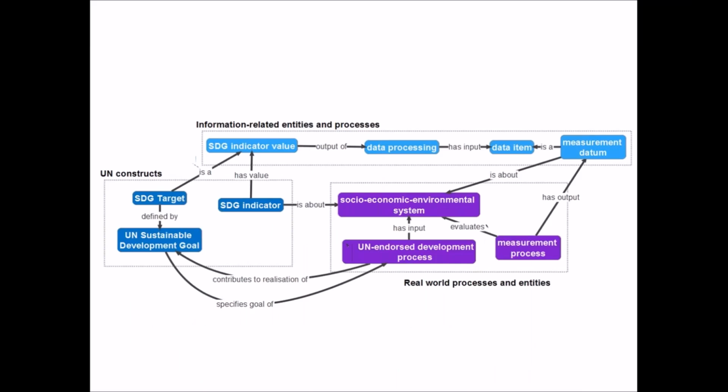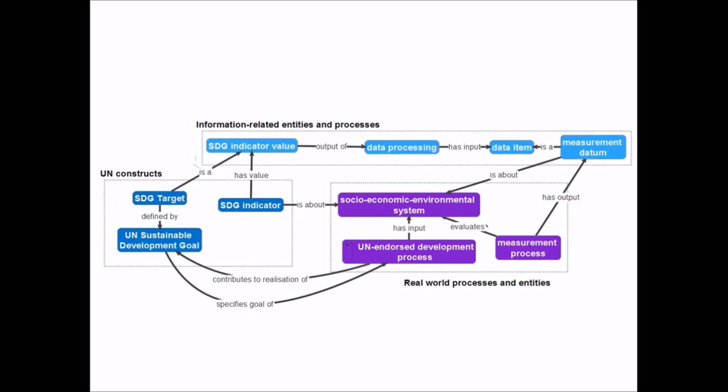So it's roughly divided into three major components. One would be the actual real-world processes and entities that are out there, things like forests or hydrothermal events, etc. Then things that are information-related entities, such as the data that's coming out of monitoring programs and how they fit together. We distinguish them so we know what the data is about and how the data relates to other data objects.